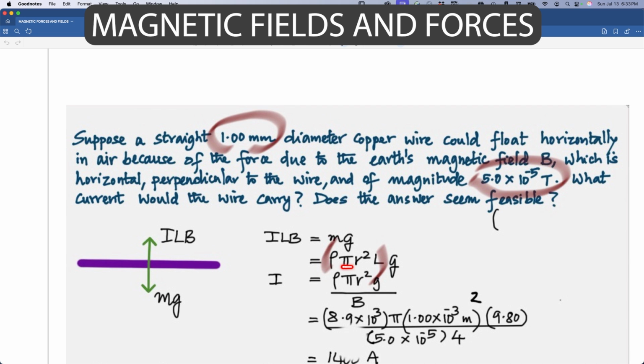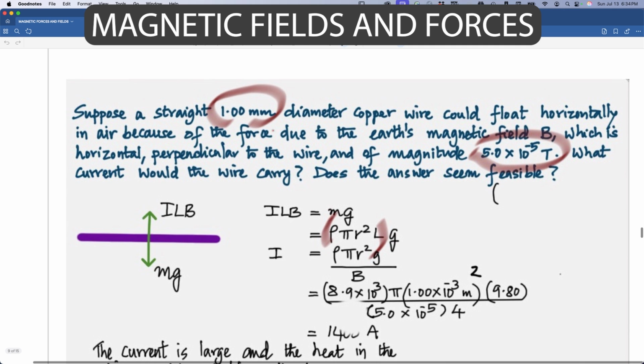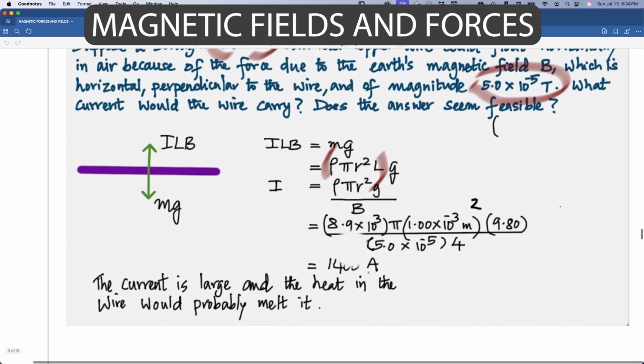So this is the volume, pi r squared times h, or the length. Volume times density gives mass. And so change millimeter into meter, which I've done. Substitute all those numbers and calculate, and you get like 1,400 ampere.